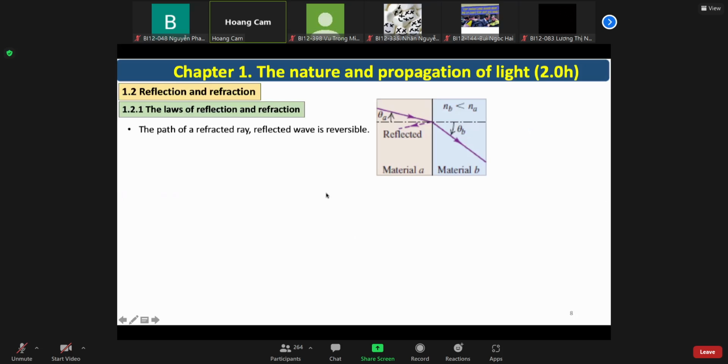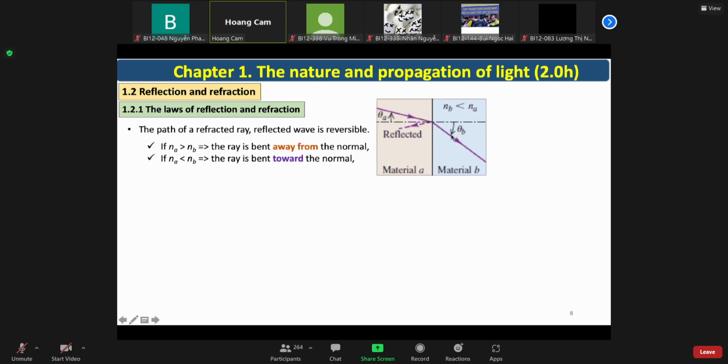One property is that the paths of the refracted ray and reflected ray are reversible. That means if you inject the light from here, you get the reflected ray like this one and the refracted ray like this one, and if you change the position of the light source, you will have the same directions as well. If nA is larger than nB, the ray is bent away from the normal.